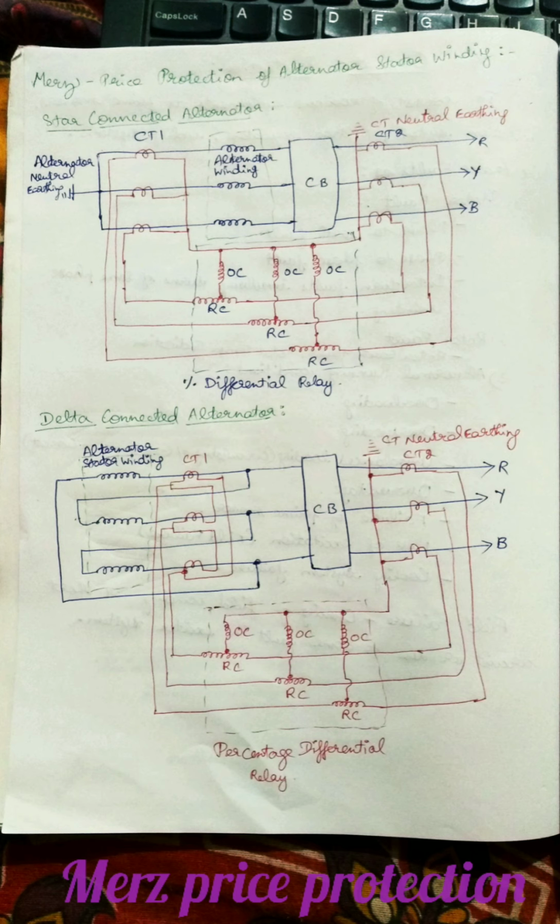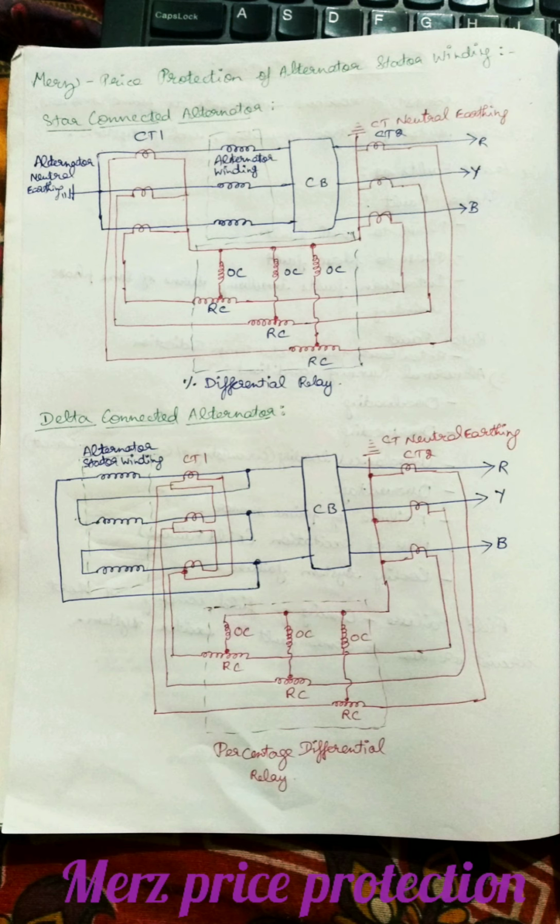The main thing is that the area to be protected is within our zone itself. So the star pointing and everything will be done within our zone itself. That's why I have marked the CT earthing, neutral earthing point, CT2 and CT1 areas within the zone.